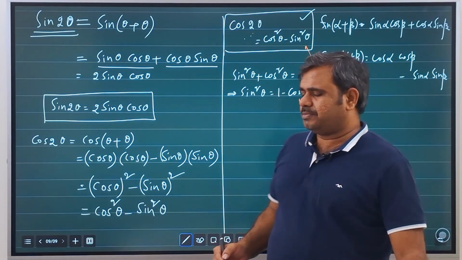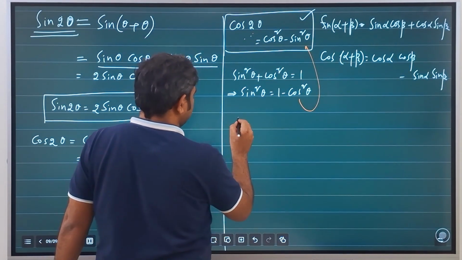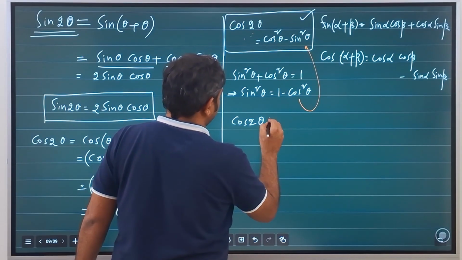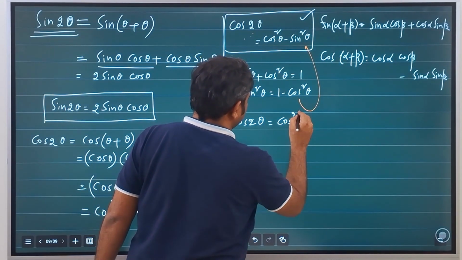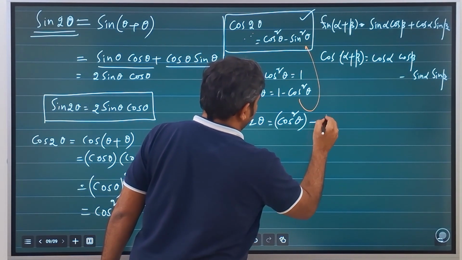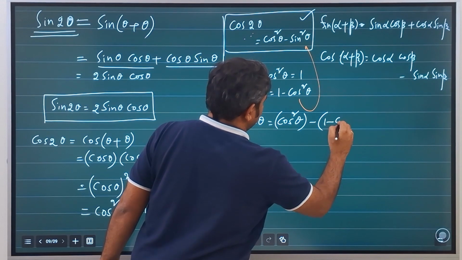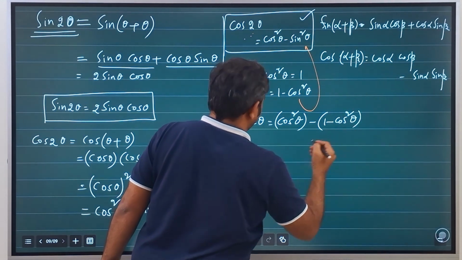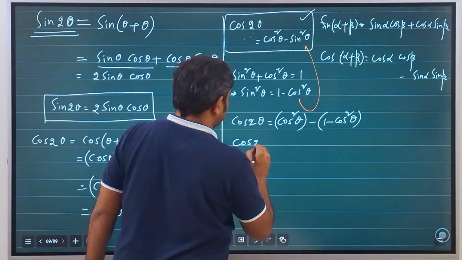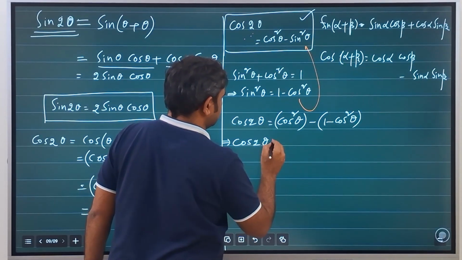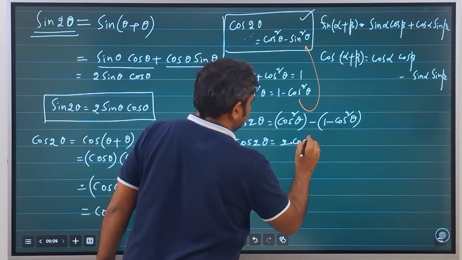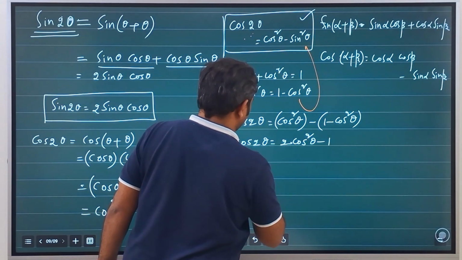If I do that, I will get cos 2 theta is equal to cos square theta minus 1 minus cos square theta. So cos 2 theta is equal to 2 cos square theta minus 1.